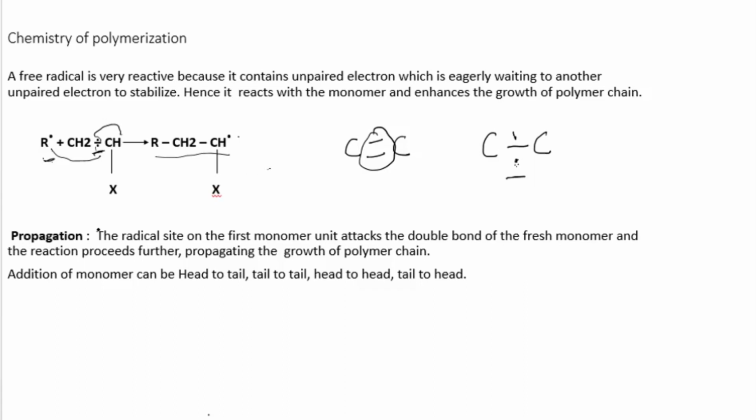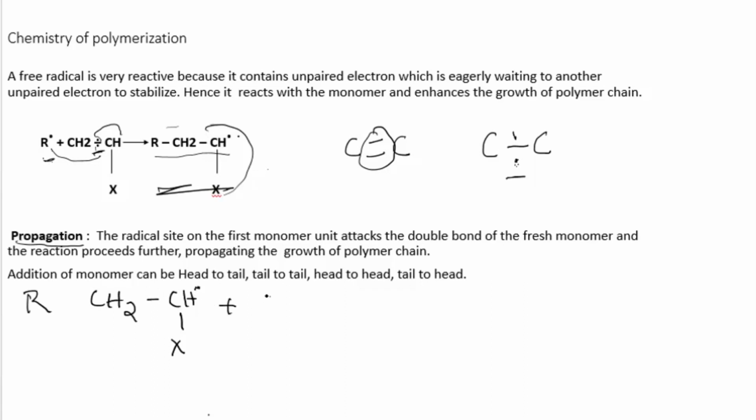Then after initiation, next is propagation. So the radical site formed at the first monomer unit will attack the second monomer unit, thereby the chain growth will increase like this. R CH2 single bond CHX. This is the radical site formed in the first monomer unit.